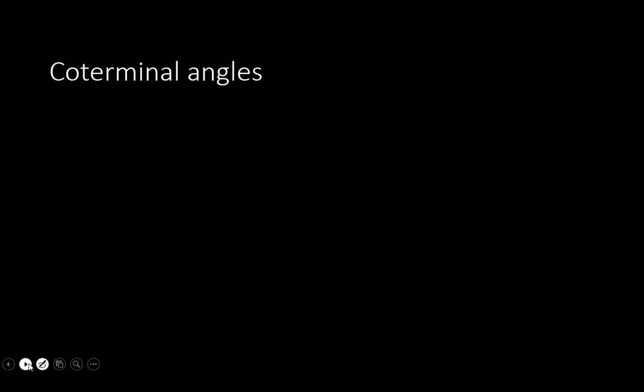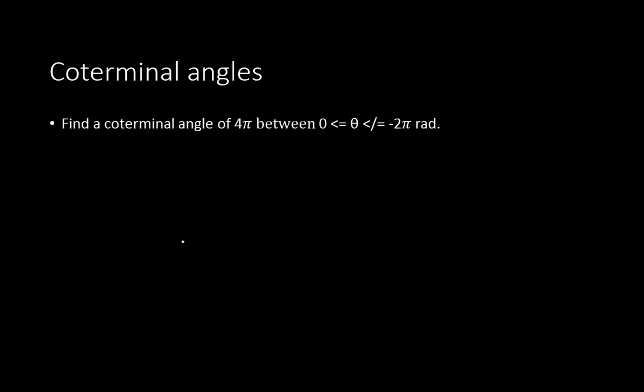Now let's go. Find the coterminal angle of 4 pi between, wait, let me just rewrite it here. Between pi is greater than or equal to 0, but less than or equal to negative 2 pi radians, right?